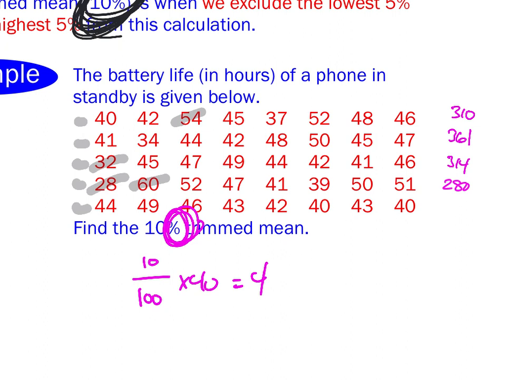Okay. I'm going to cheat on this one. See, they all start with 40, so I'm just going to ignore that for a second because I know there's 8 of them. 8 times 40 is 320. I'm just going to count the stuff above 40.